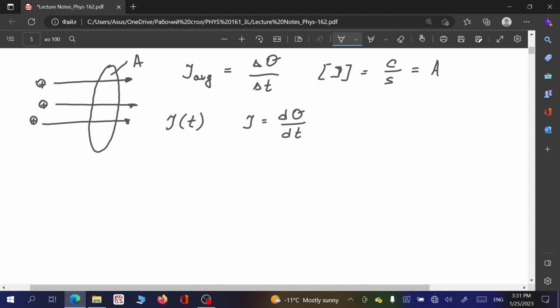You need to distinguish drift velocity and thermal velocity. Thermal velocity can be very high. It can be hundreds, thousands and more, depending on temperature, centimeters per second.